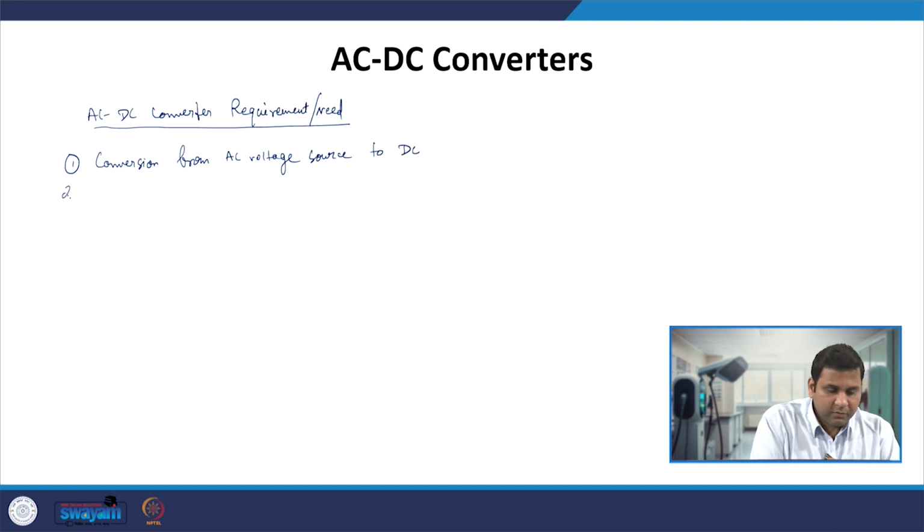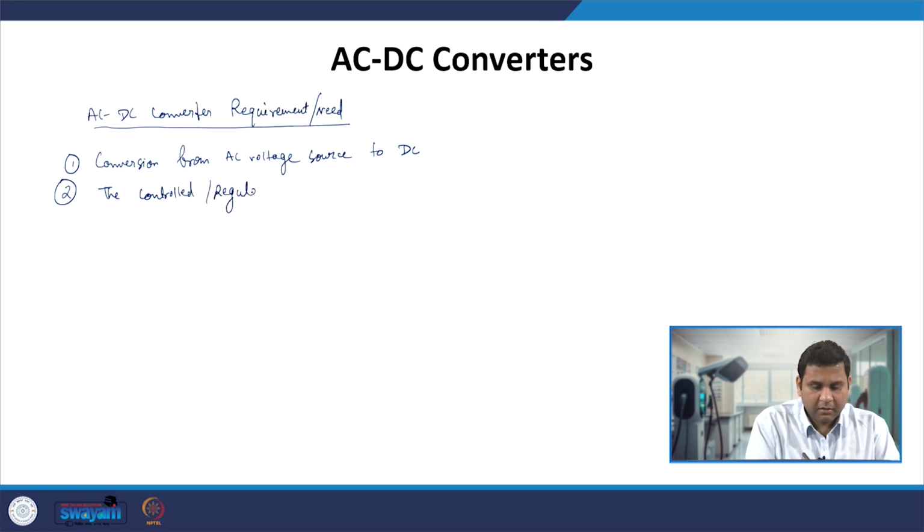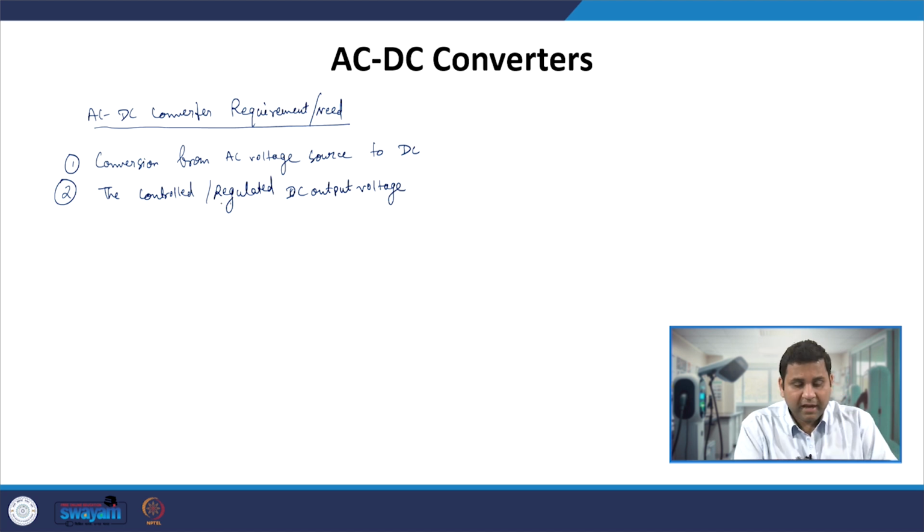While doing the conversion, you want a controlled or regulated DC output voltage, irrespective of whatever the load be.